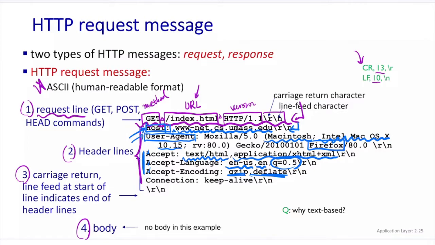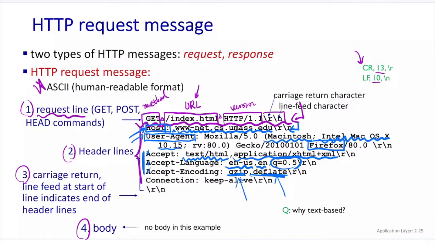Then the accept encoding means when I receive the index.html file, the server can compress this file by using gzip, which is a compression tool. Okay, or you can simply just send me the flat file. Okay, so that is the capability announced by the client.